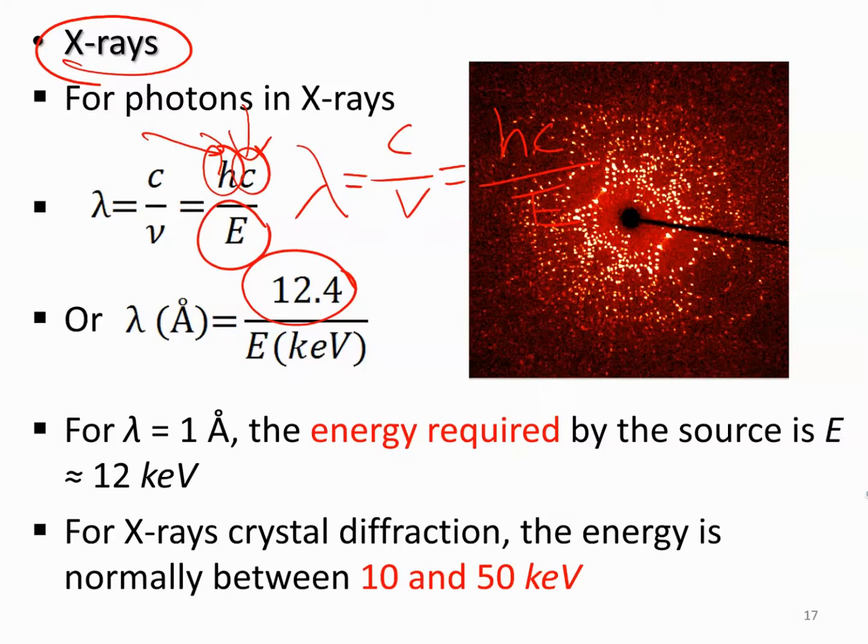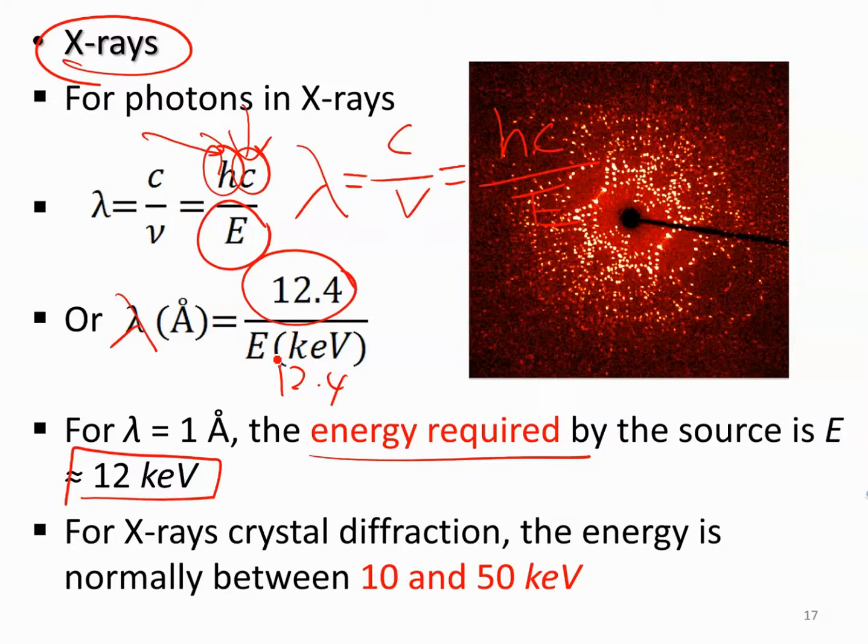So let's say if you want the wavelength of the X-ray to be about 1 angstrom, then you need to apply an energy comparable to 12.4 kilo electron volt. So 12.4 over 12.4, you get 1 angstrom.